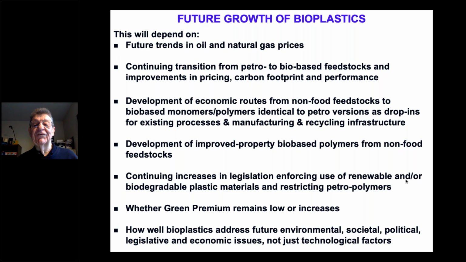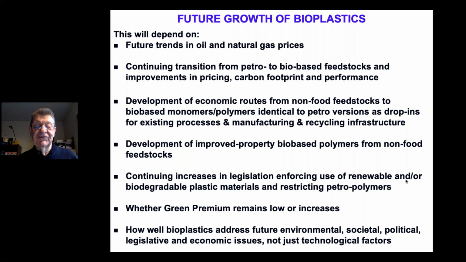on the development of economic routes from non-food feedstocks to either bio-based polymers identical to the petroleum versions as drop-ins for existing processes and infrastructure and manufacturing processes, or development of new bio-based polymers from non-food feedstocks.